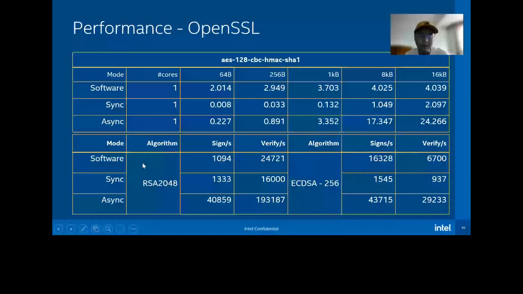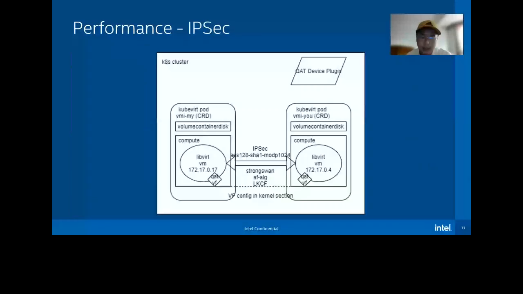And for IPsec, we launched 2 KubeVirt VMs, one for the server and one for the client. We assign 2 QAT VFs to each KubeVirt VM and use strongSwan to establish the IPsec. The proposal is AES, using the Linux kernel crypto framework.